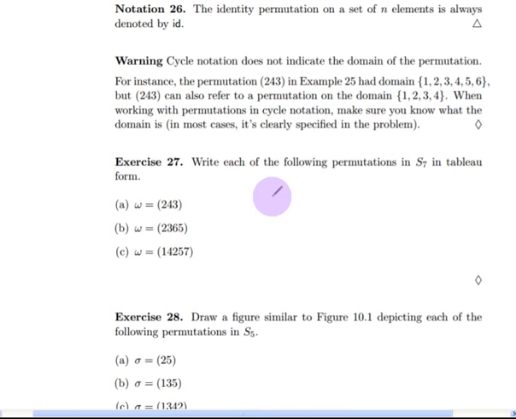Now, as mentioned here, even if you have 7 points, you may have a cycle that only involves a subset. But when you represent these permutations in tableau form, you still have to represent all of the elements in the 7-element set.